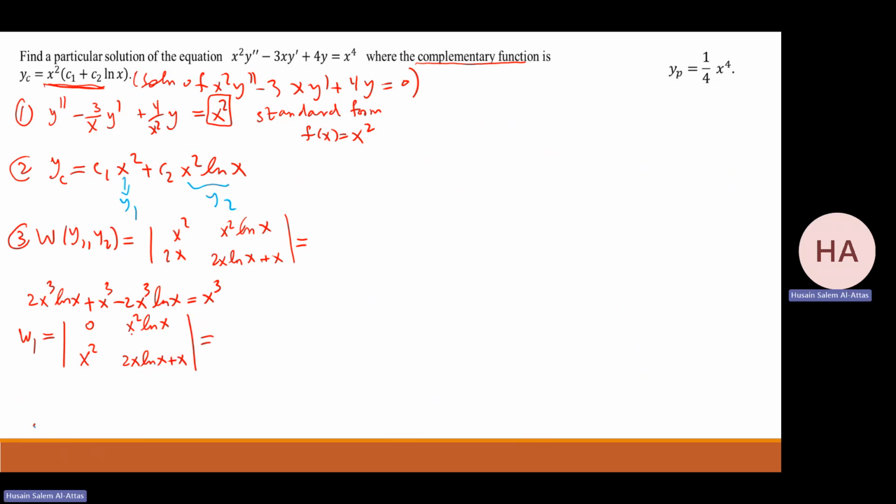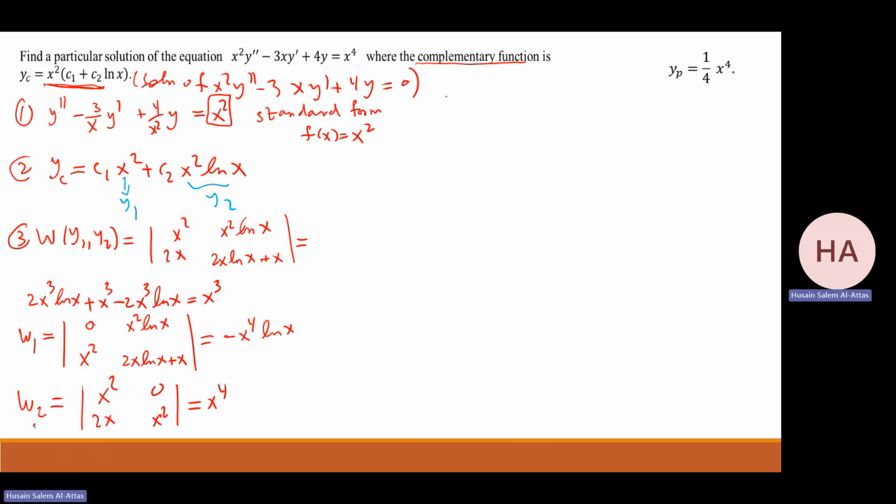That will be 0 minus x to the power 4 ln x. That will be W1. W2. Now I replace the second column by 0, f of x. What is f of x? X squared. That gives me x to the power 4.